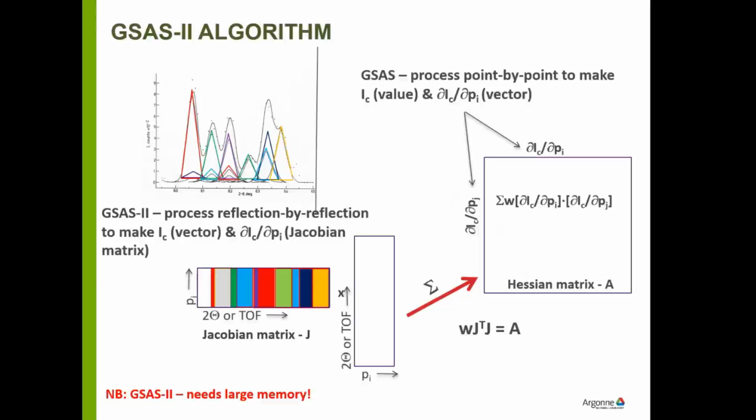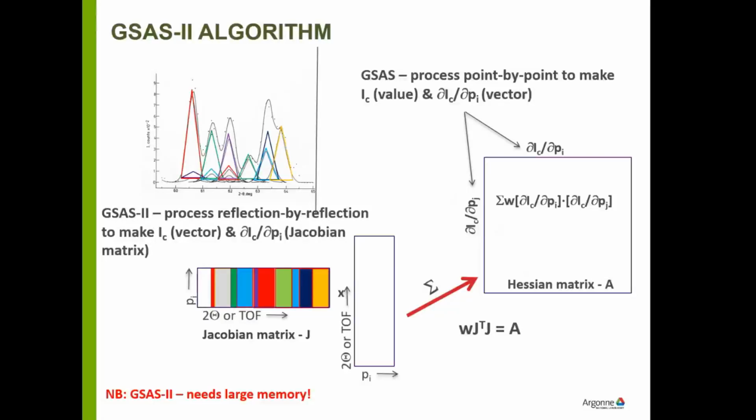So GSAS does this and creates a thing called a Jacobian, which has parameters along this axis, the observation axis this way, and the things in here are the partial derivatives of the intensity with respect to each of the parameters. Big matrix. You can imagine for 11-BM, a typical powder pattern has 40,000 points in it. So this axis is 40,000 points.